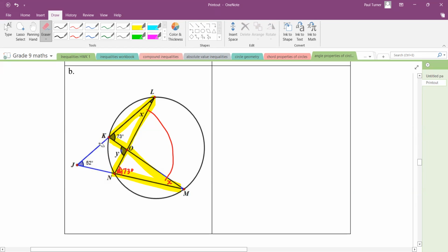And what else can we find? Let's just clear the yellow out. Okay, so we've got 73 down here. Let's put it in. So we could say angle LKO equals angle MNO.